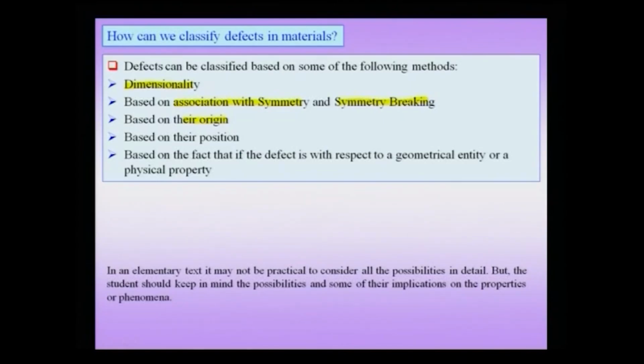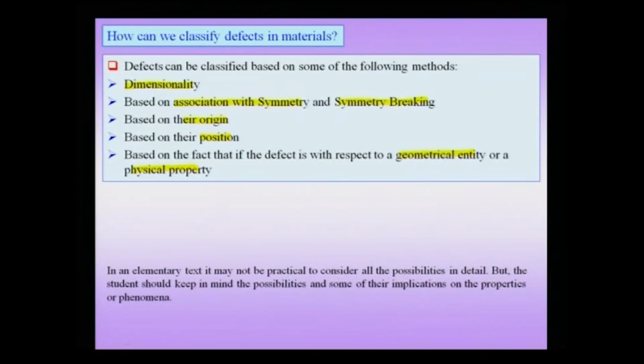I will clarify more in the coming slides what these things mean. I can classify defects based on their position, and I can also classify defects if the defect has been defined with respect to a geometrical entity or a physical property.